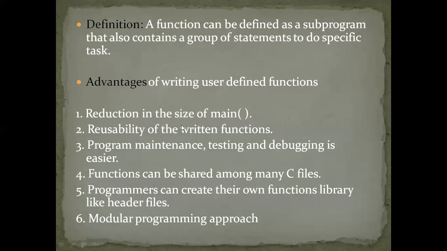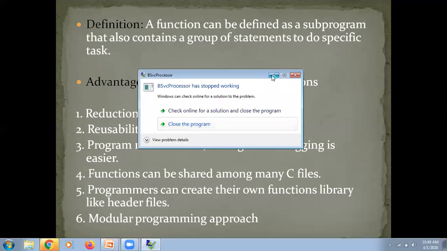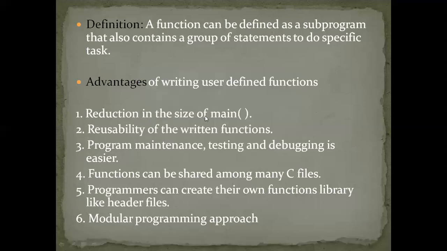If you make use of the function concept, we're just calling the function in main. I'll tell you later what a calling function and a called function are. As of now, just understand that if you don't use the function concept, the size of main will be more. If you make use of the function concept, there is a reduction in the size of the main function. With an example, we can see how it reduces.